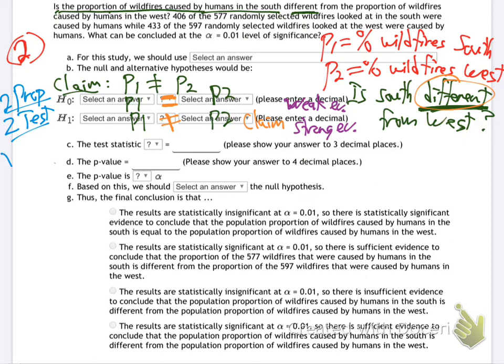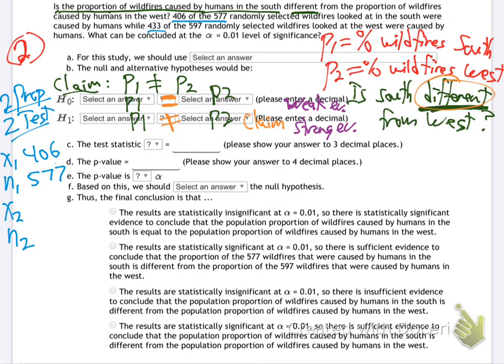It'll ask you x1 and n1, so it's the first population's x and n, and then the second population's x and n. All right, so can you put those in and crank that out? What's our x1 and n1? Yeah, 406 and 577.